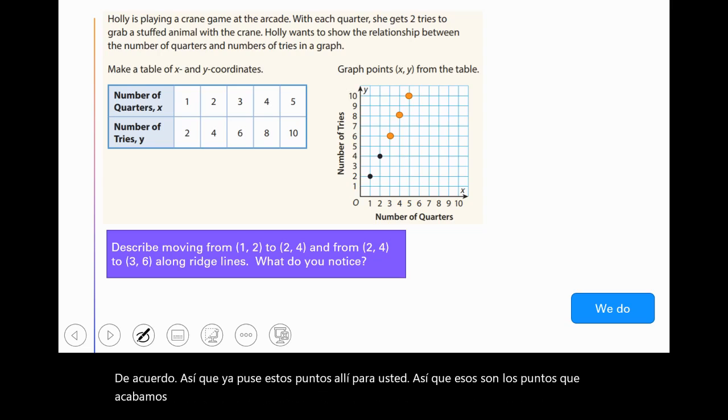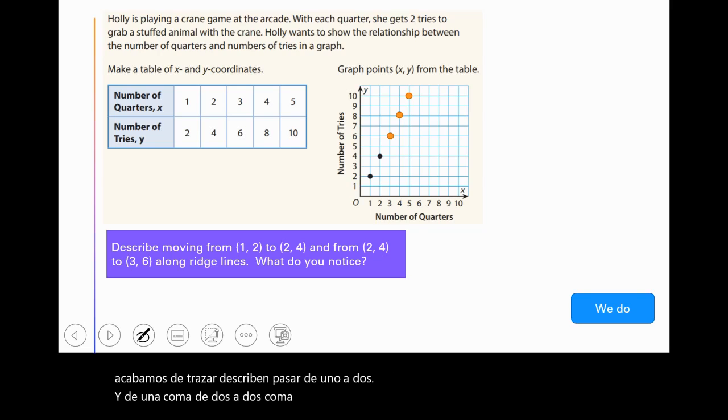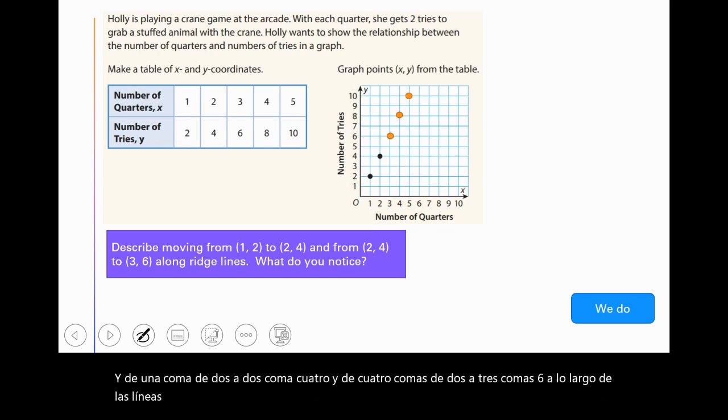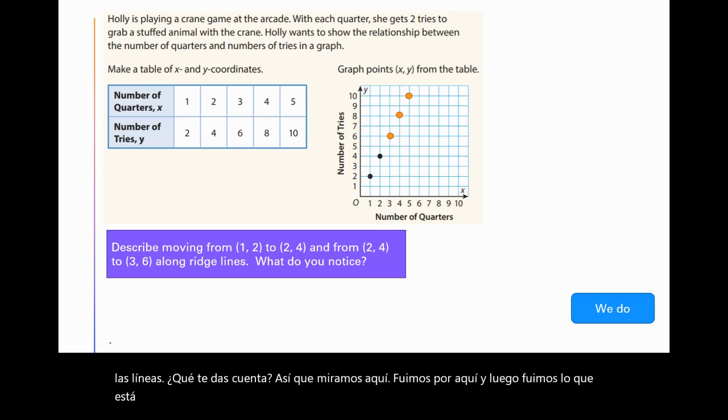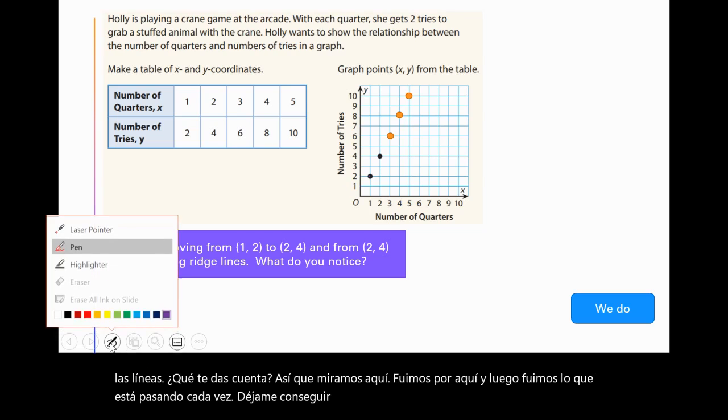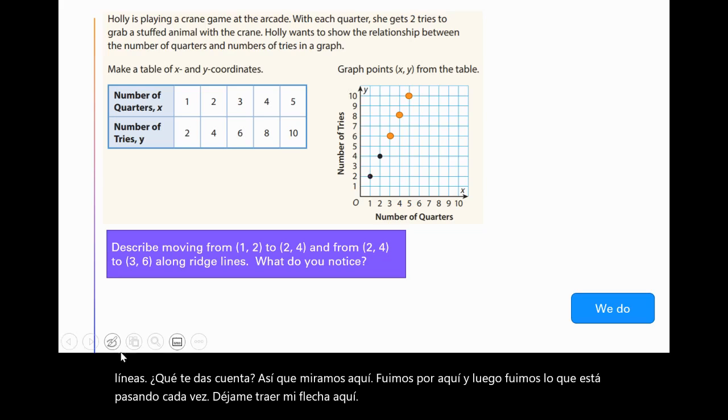Describe moving from 1 comma 2 to 2 comma 4 and from 2 comma 4 to 3 comma 6 along the lines. What do you notice? If we look here, we went this way and then we went, what's happening every time?